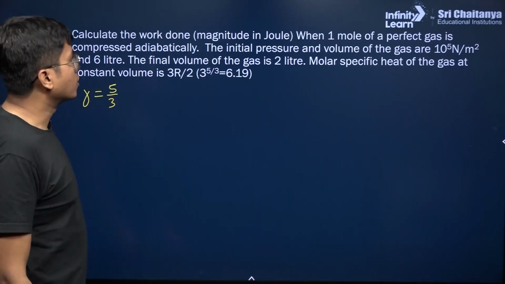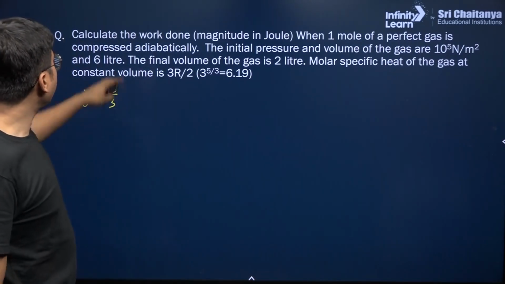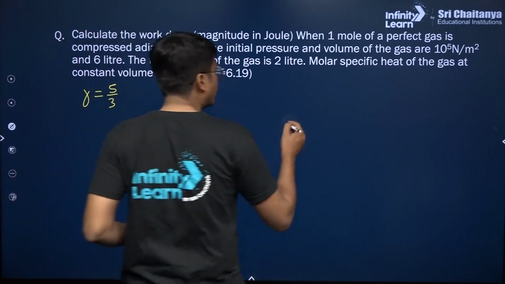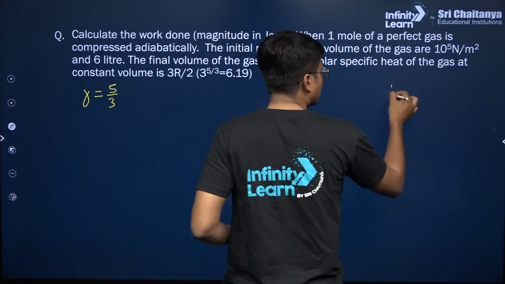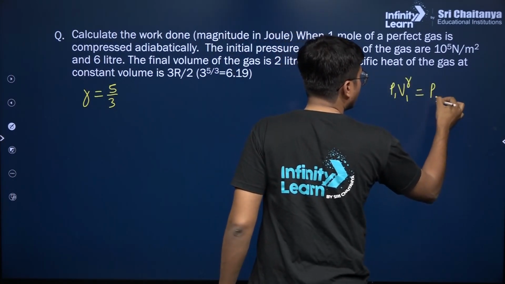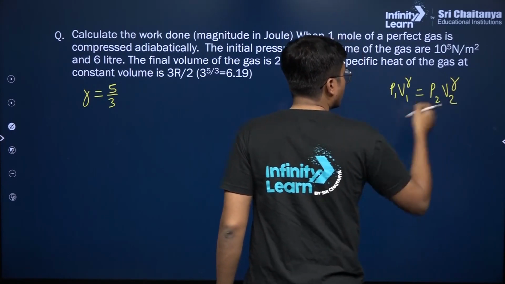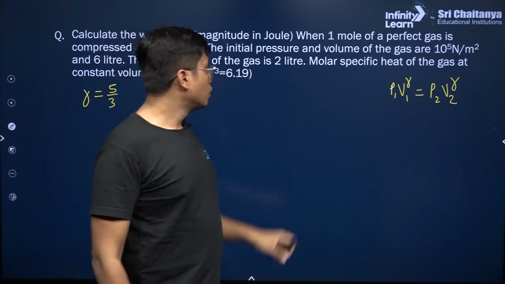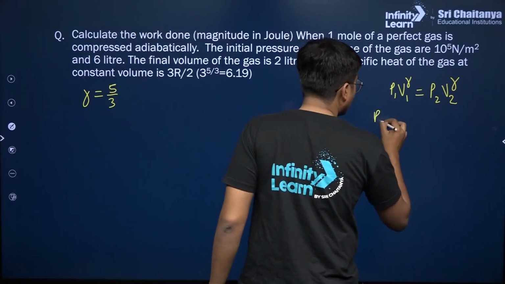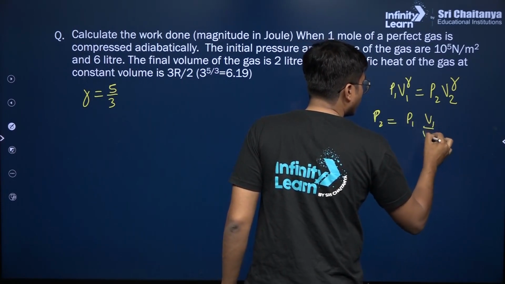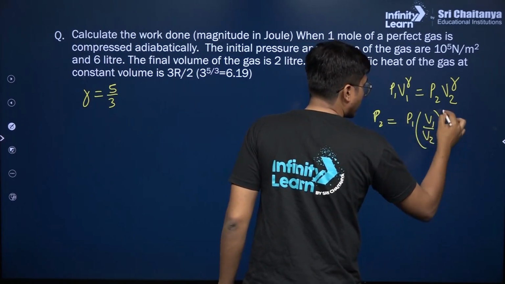Why is this important? Because we are dealing with an adiabatic process. It's compressed adiabatically, which means P1 V1 to the power gamma is equal to P2 V2 to the power gamma. Now we have P1, V1 and V2. We need P2. So P2 is equal to P1 into V1 by V2 to the power gamma.